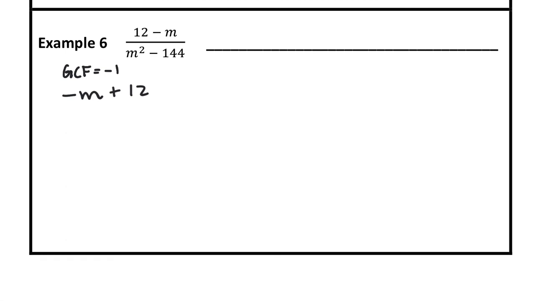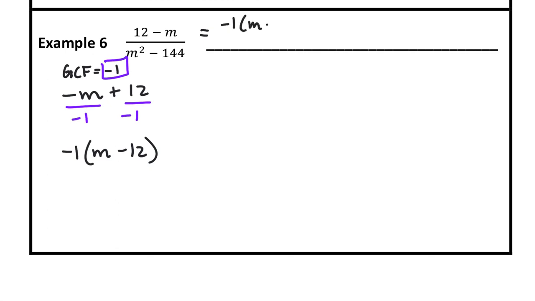And so what do we usually do with this GCF? We divide it out. And so we do something like -1 parentheses. What's negative m divided by -1? It's positive m. What's positive 12 divided by -1? It's -12. So that's the top part over here, m minus 12.